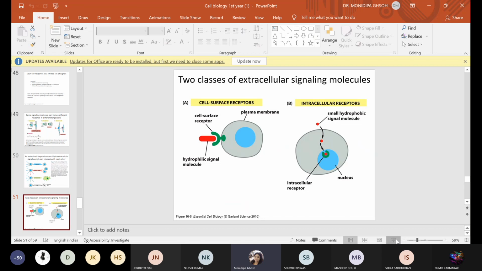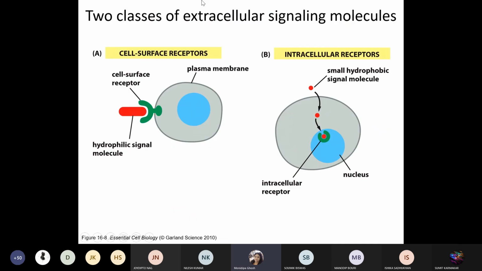There are two classes of extracellular signaling molecules. One is cell surface receptor mediated, another is intracellular receptor mediated.